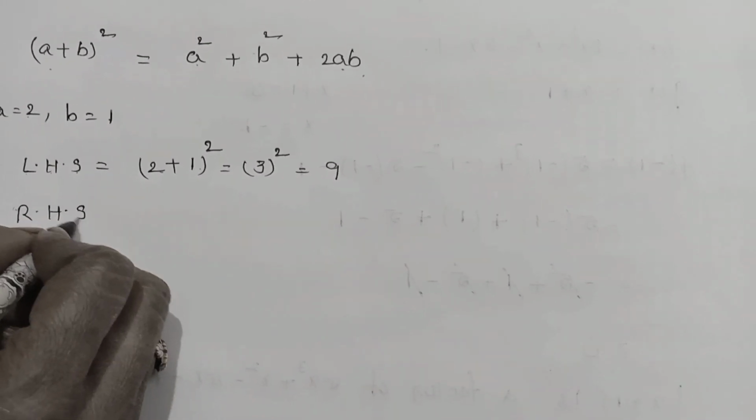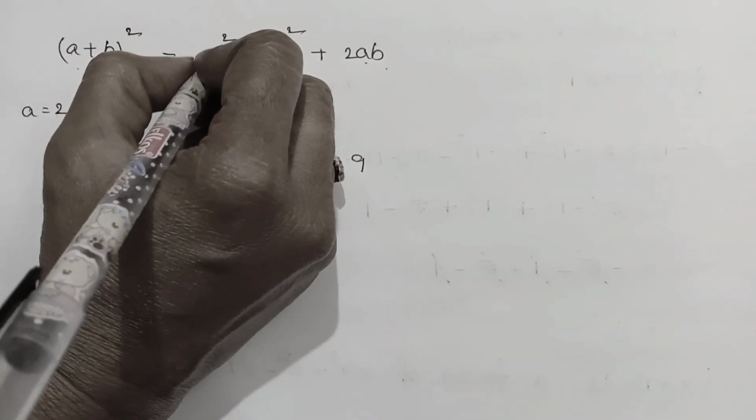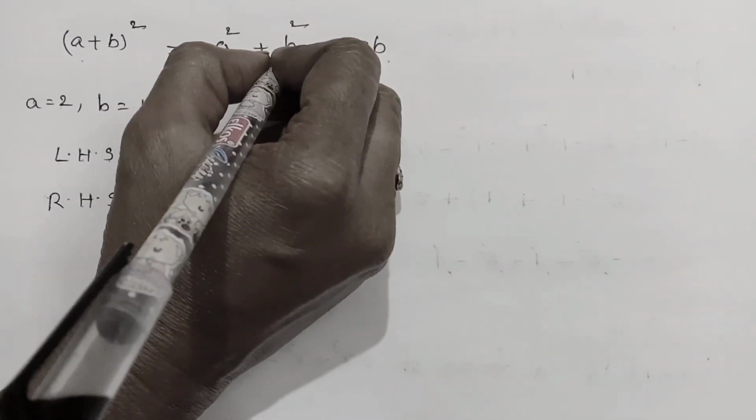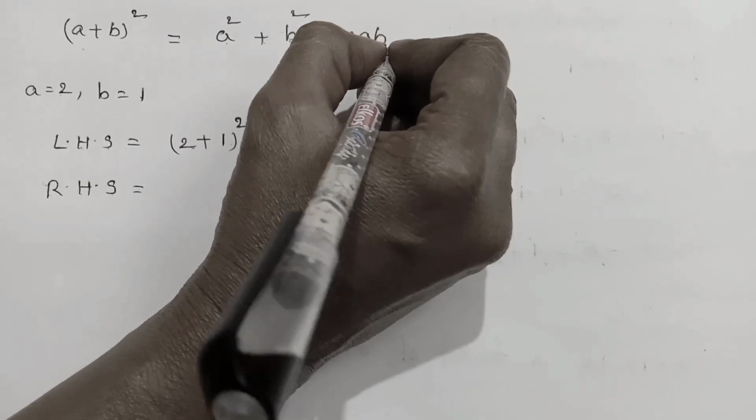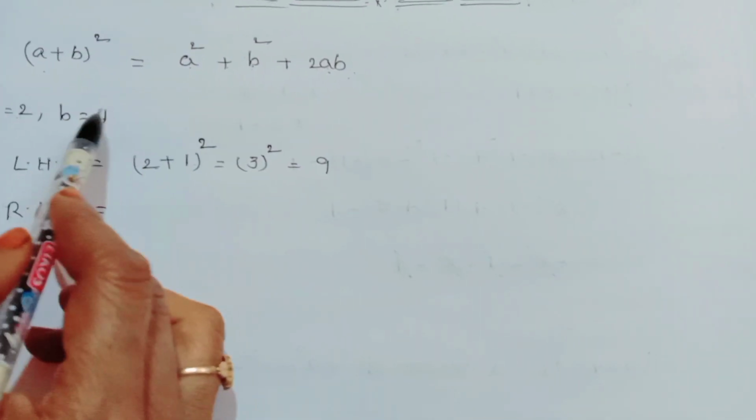RHS, right hand side, is a square plus b square plus 2ab. The value of a is 2, b is 1.